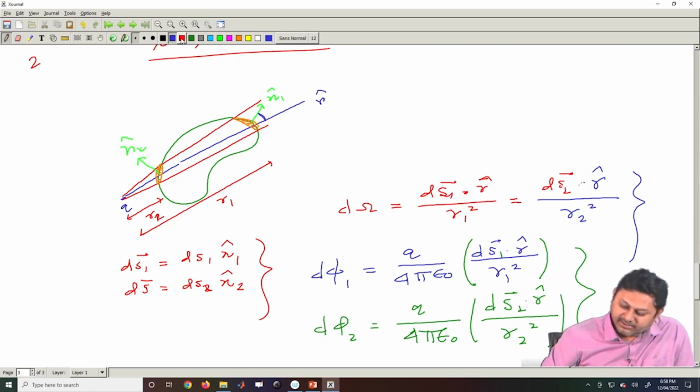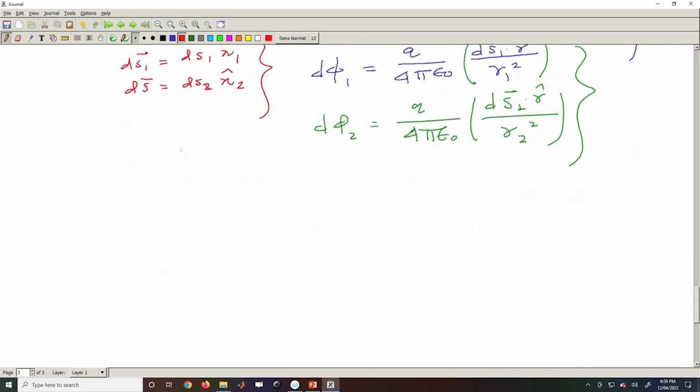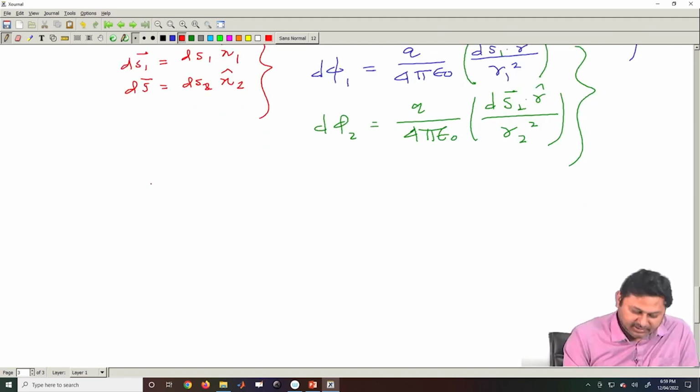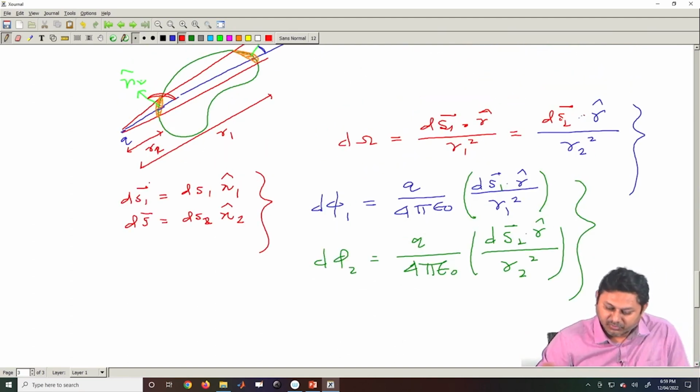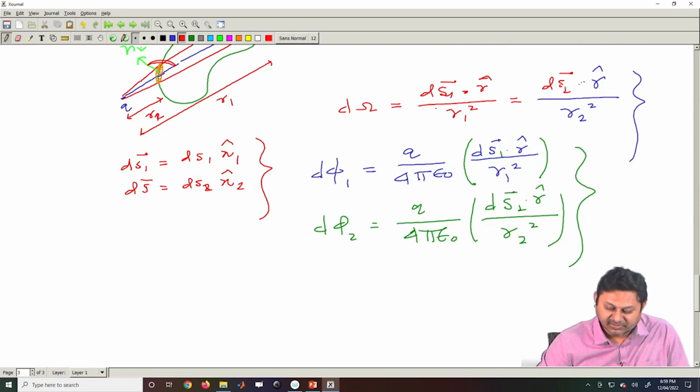But for d s 2 dot r unit vector, r is in this direction, so my angle should be this one. So, whatever d phi 1 and d phi 2 I calculate, these are the same quantity but opposite, because there will be a negative sign associated.